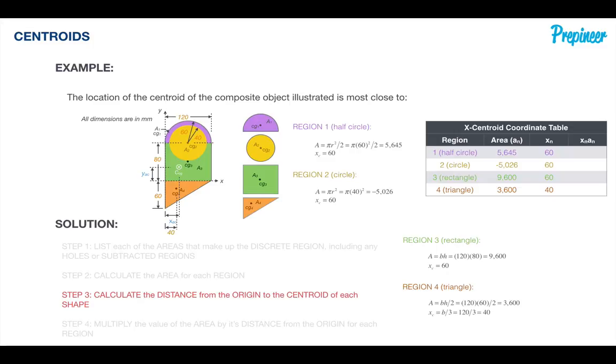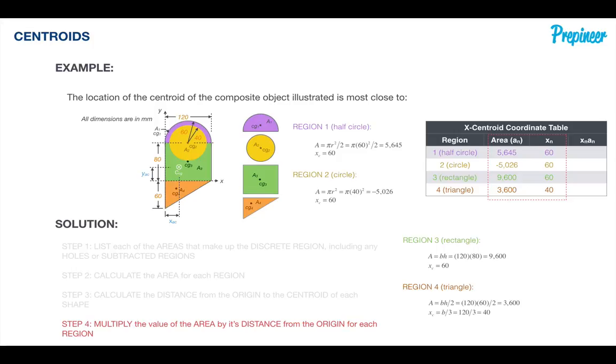So if we plug in our dimensions, 120 divided by 3, we find that that centroid on the x-axis will be located at 40 millimeters.